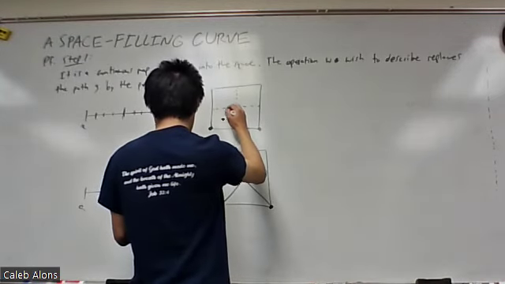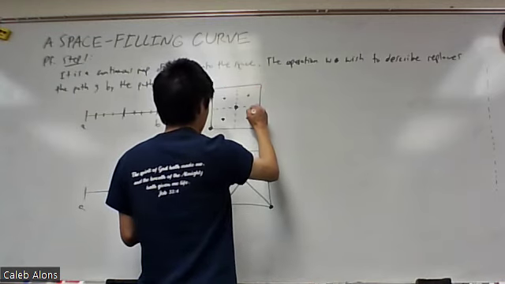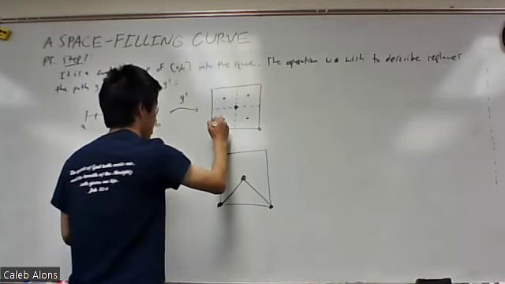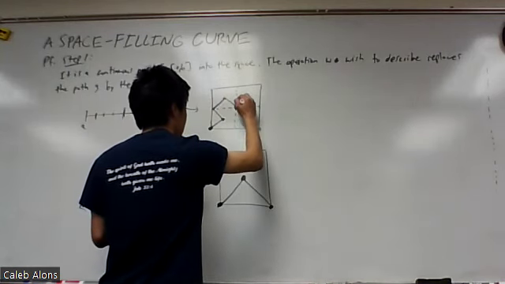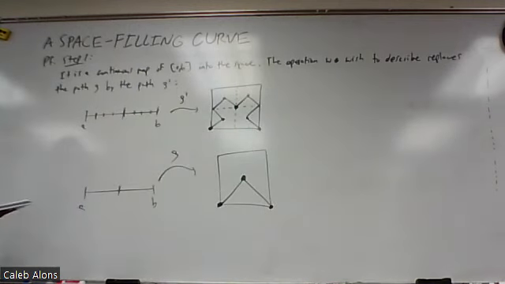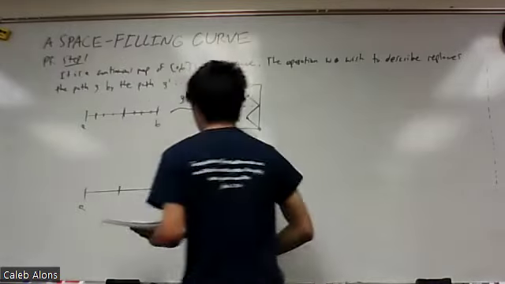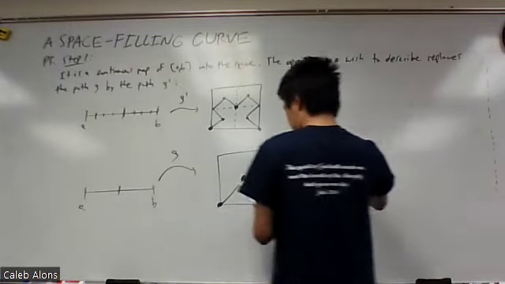So we'll have a dot there in the middle, there in the middle, there in the middle, and there in the middle. And the way we'll connect it now is we'll do a triangle like that, a triangle like that, a triangle like that, and then a triangle like that. So this is what our operation looks like now. The operation gets us from this to 4 more triangles.